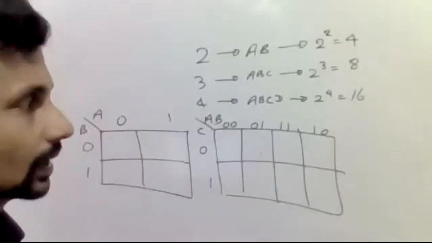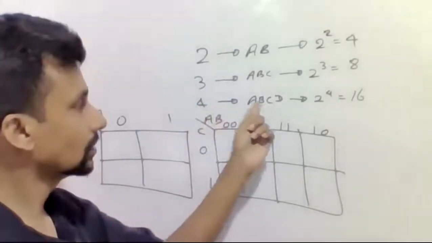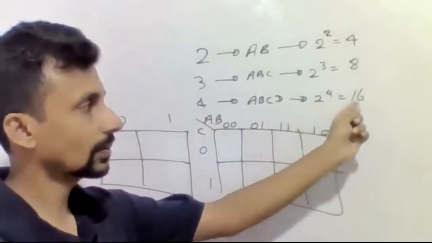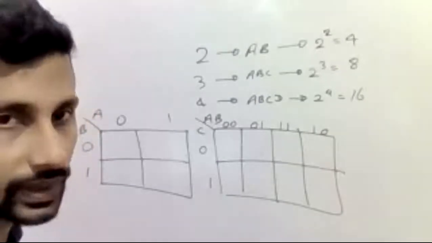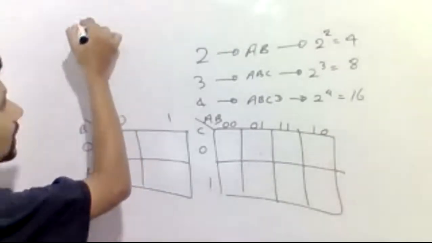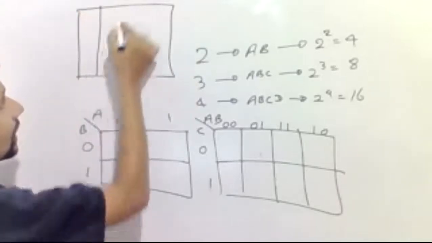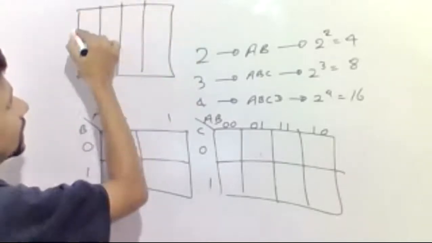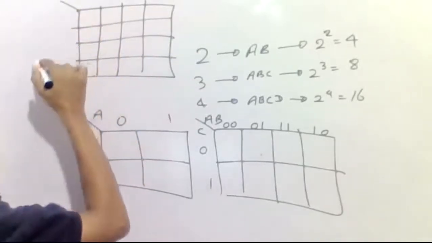If you have four variables, that means ABCD, 2 to the power 4, 16 cells. I will draw it here because otherwise you can't see. I'm taking 16 cells like this, right?